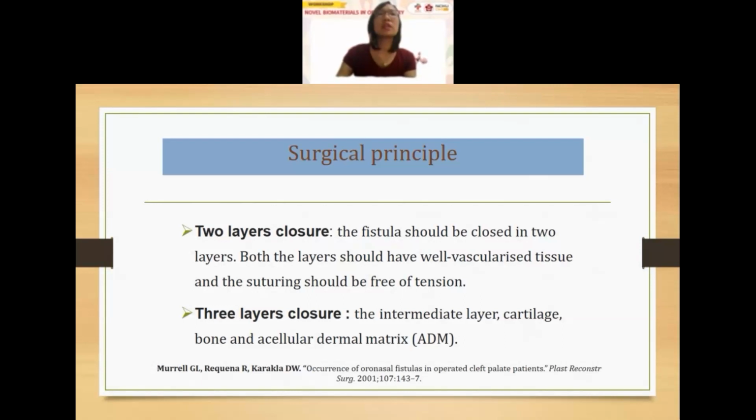Both of the layers should have well vascularized tissue, and the suturing should be free of tension. With three layer closure, the intermediate layer can be cartilage, bone, or acellular dermal matrix.